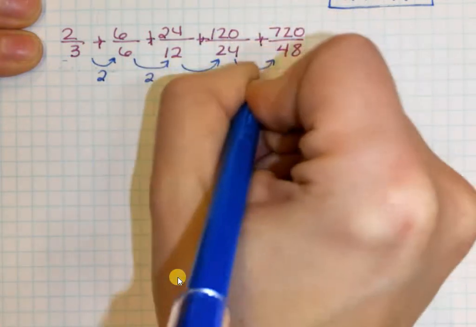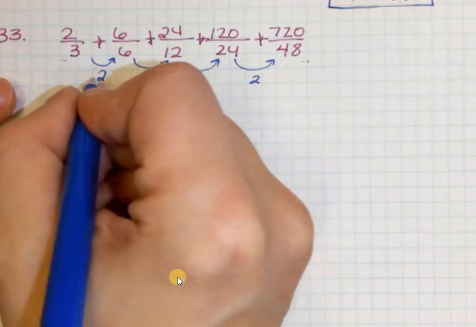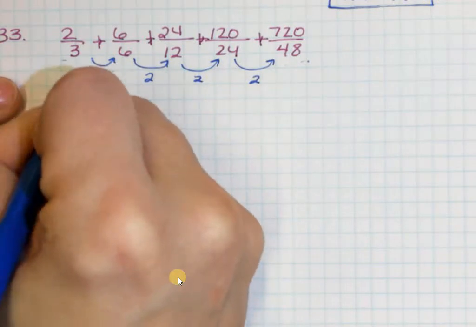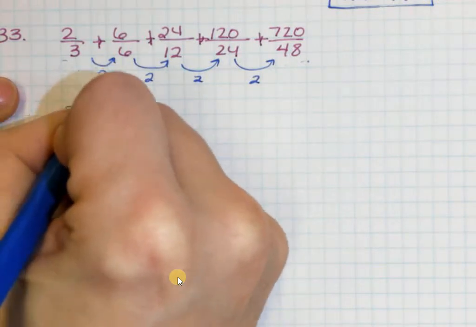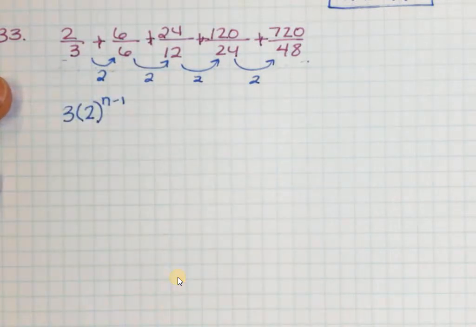Times 2. Times 2. Sorry about that. There are different ways to get this. I realized that once I got started. So what I can think about this is 3 times 2 to the n minus 1, right? Everybody okay with that bottom part? Now on the top is a little bit different.